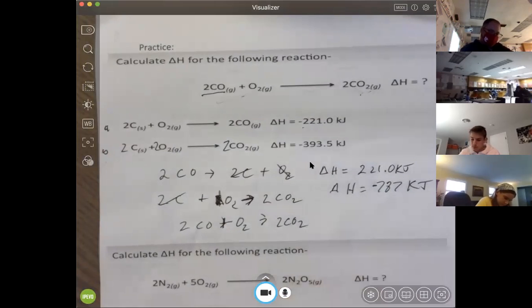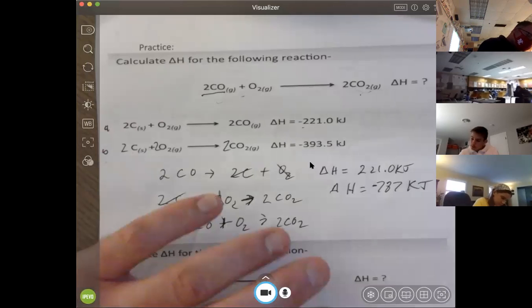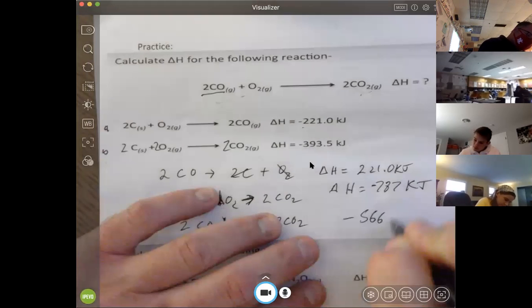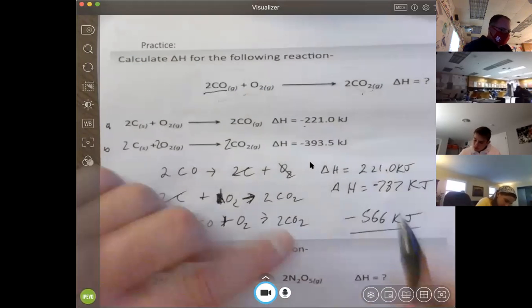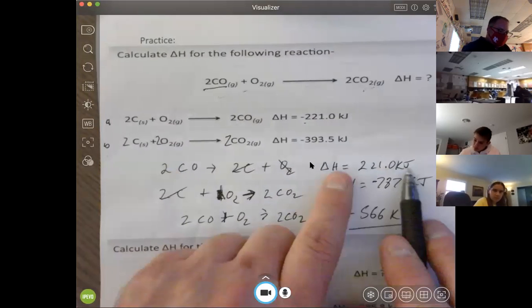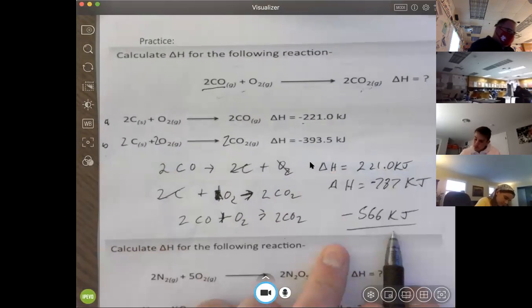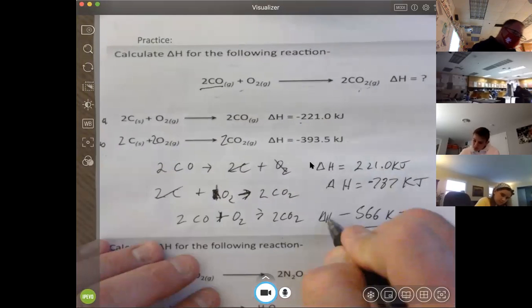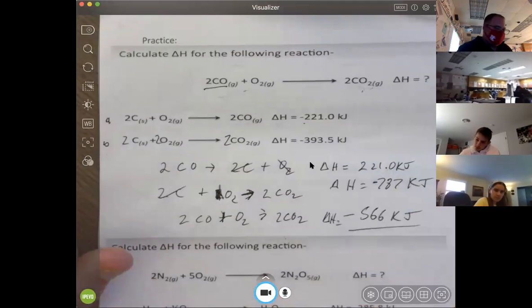Sorry, guys. 221 plus negative 787. The answer is negative 566. There we go. So we add these reactions just like we add their energy amounts, and that gives us the delta H of this reaction: negative 566.